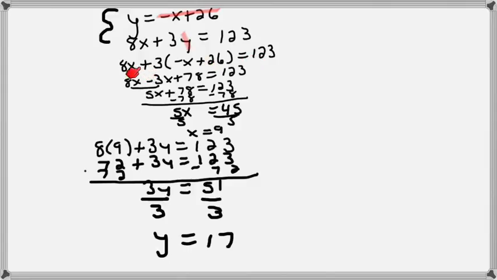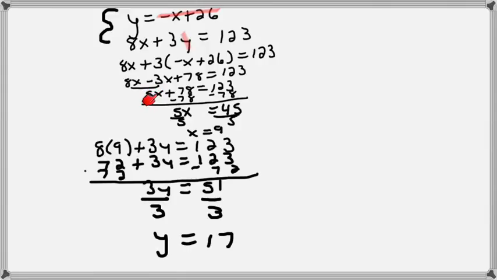Now I have to solve this, so 3 times negative x is minus 3x, and 3 times 26 is 78. So now I have 8x minus 3x plus 78 equals 123. I have to combine these two because they're like terms, and 8x minus 3x is 5x.